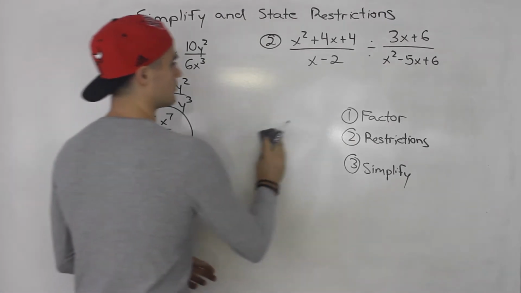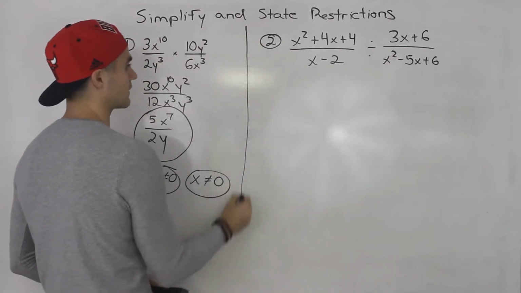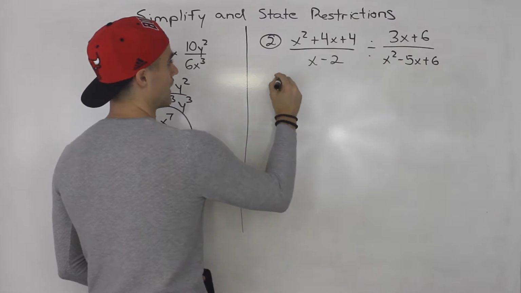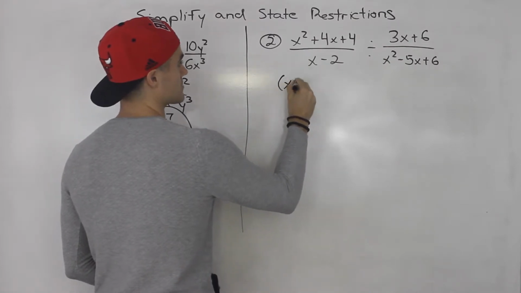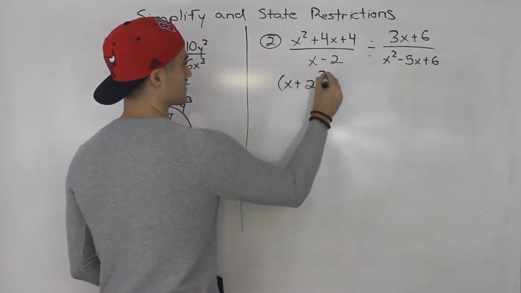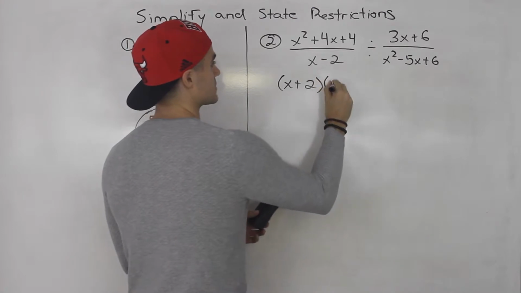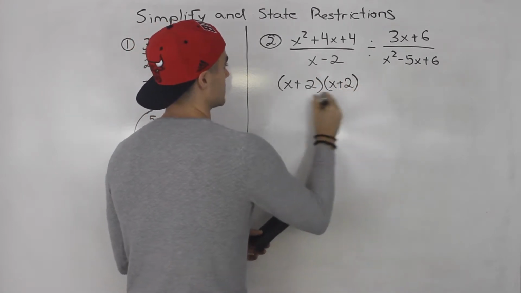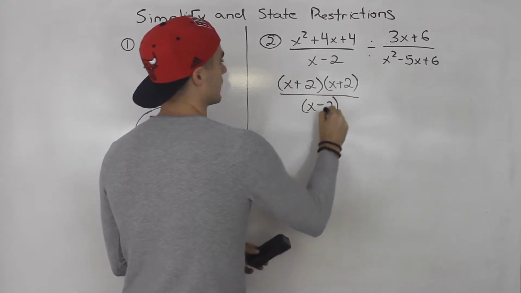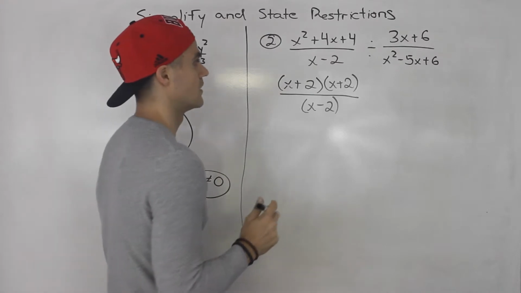Moving on to number 2. First step, we've got to factor. So notice this numerator here will factor into x plus 2 times x plus 2, so it's like x plus 2 squared. But actually, I'm just going to rewrite the x plus 2 twice, because when we cancel stuff out, I feel like it will be easier to see in case one of the x plus 2's will cancel out.